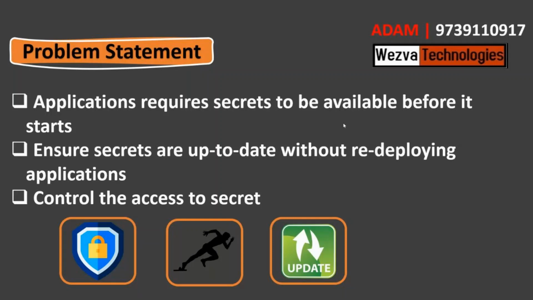Now, if your application is trying to fetch the secret from a third-party tool, then whenever there is a change, you have to redeploy your application. So what is redeploying? You have to stop and then start the application. Whenever you think of stopping and restarting your application, it's called a downtime, and it is going to cause some issues in terms of how a customer is accessing.